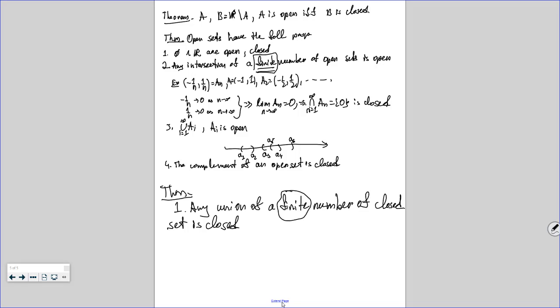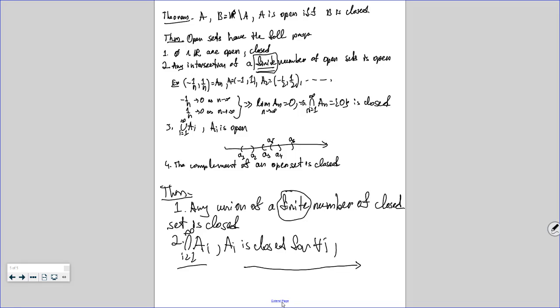You may come up with an example where you take the union of an infinite number of closed sets but end up with an open set. However, for the intersection of any closed sets, where A_i is closed for all i, the intersection is closed.